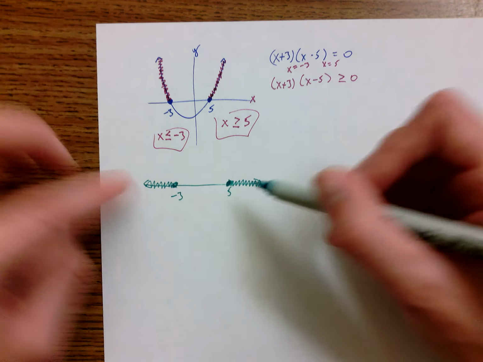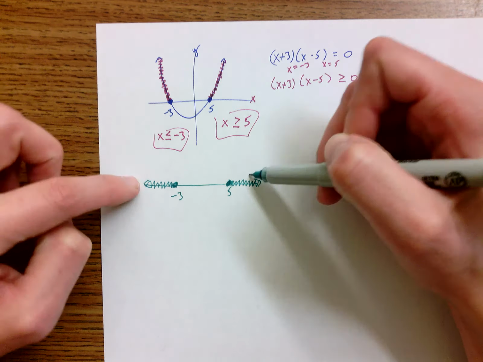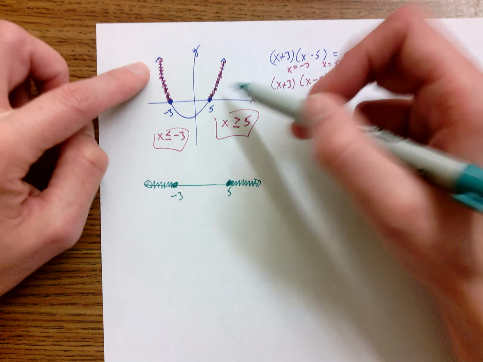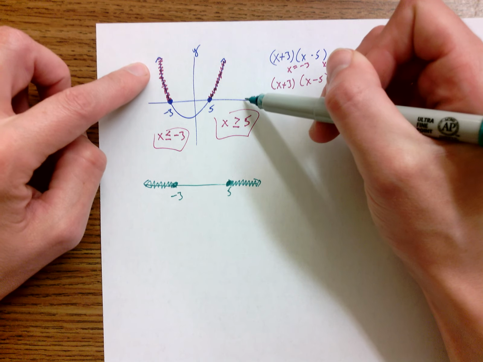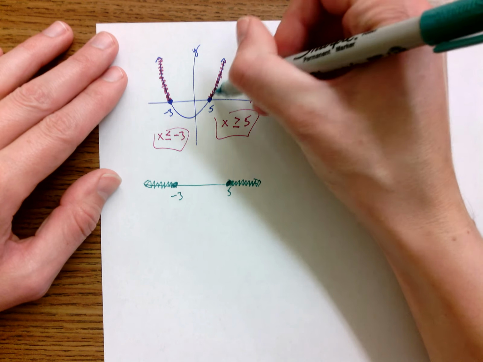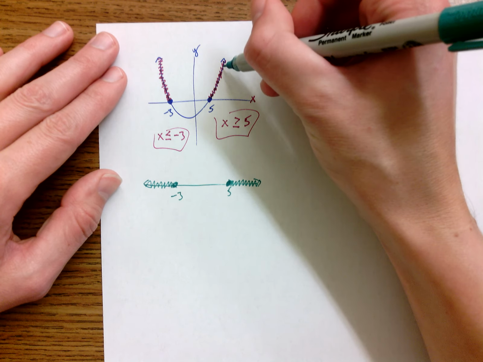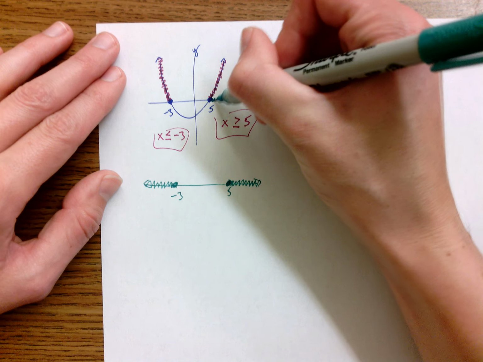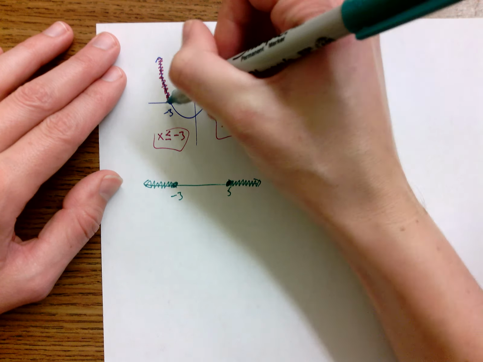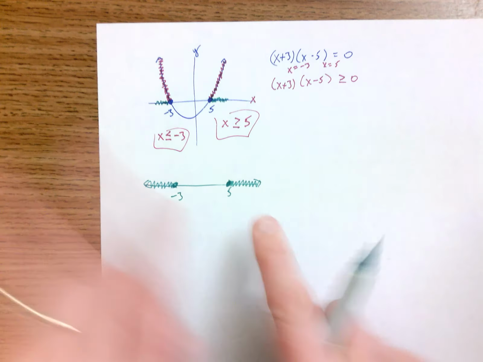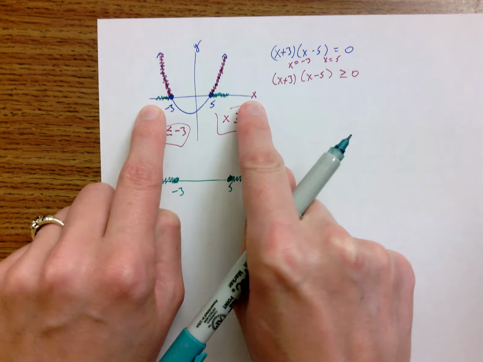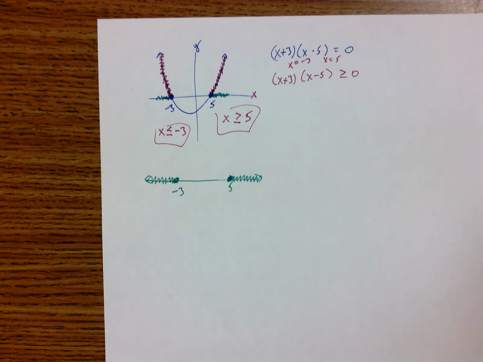You can see the connection between these two graphs. We're just focusing on what's going on in the x-axis. It's as though instead of squiggling the points on the actual graph, we just squiggled the points on the x-axis that correspond to those graphs. It's the x-axis. We just took away that second dimension.